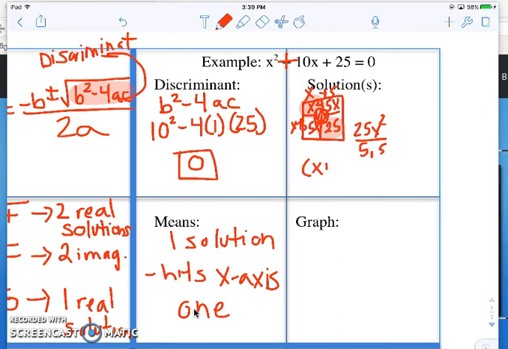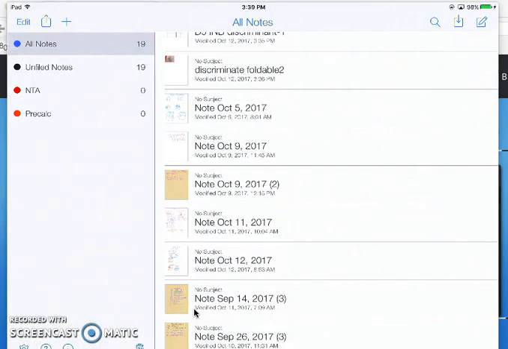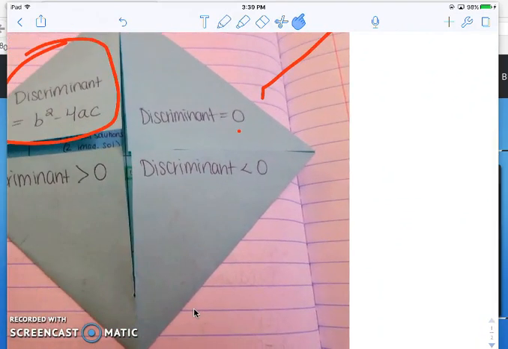So it factors into x plus 5 times x plus 5 equals 0. So you can see the solution for both of these is x equals negative 5. So that means on our graph, it only hits it here at negative 5. And it's a positive a, so we know our quadratic would look like that. So this one has one solution. So let's fold down that corner there, and let's put the discriminant equals 0 right there.